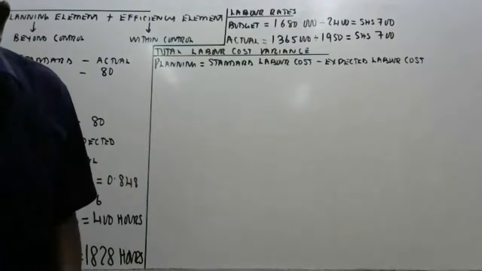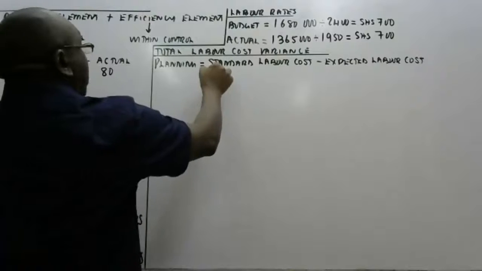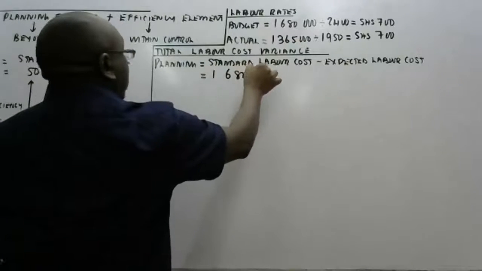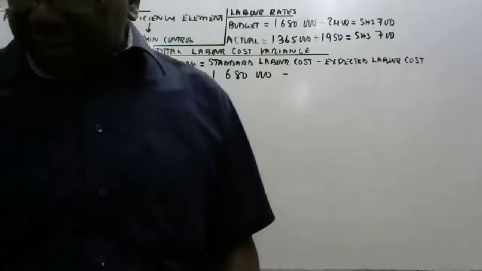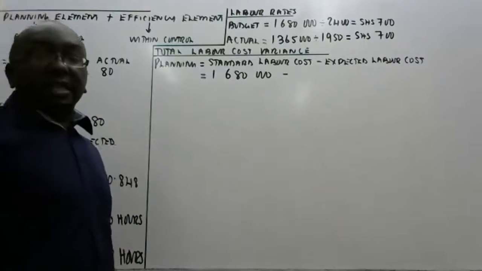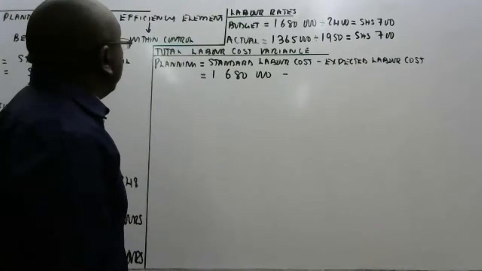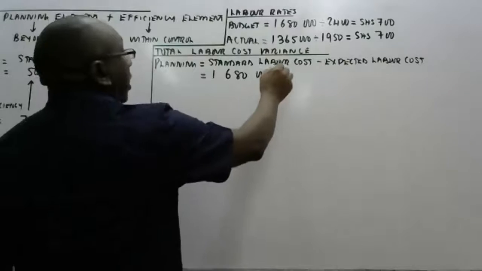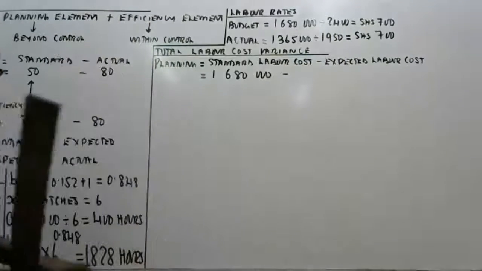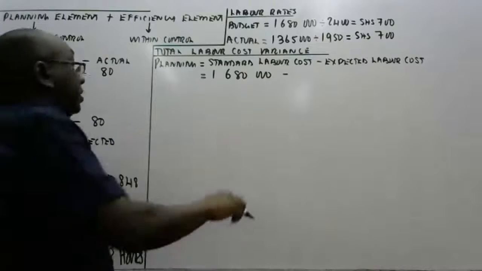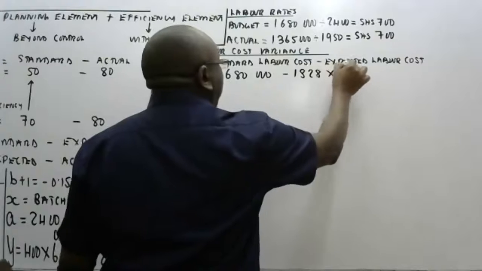And consequently, my standard labor cost should then be the budget cost of 1,680,000 minus the expected. The expected should be the number of hours I expected for the actual, 1828, each being paid for at 700.